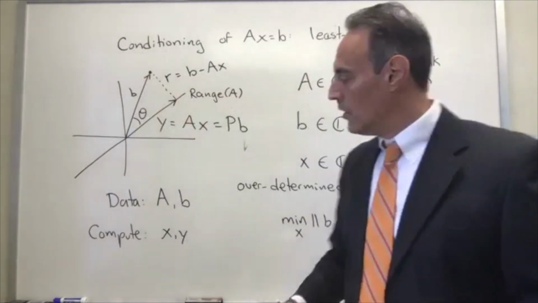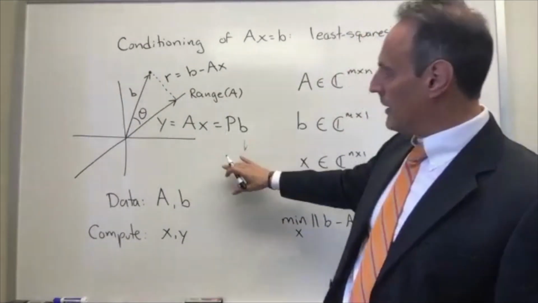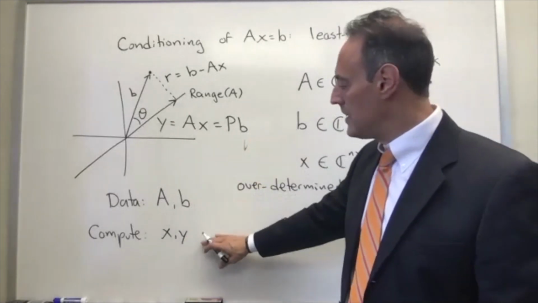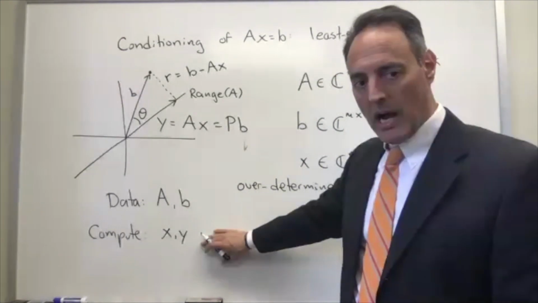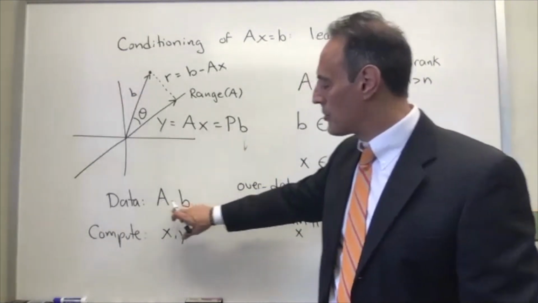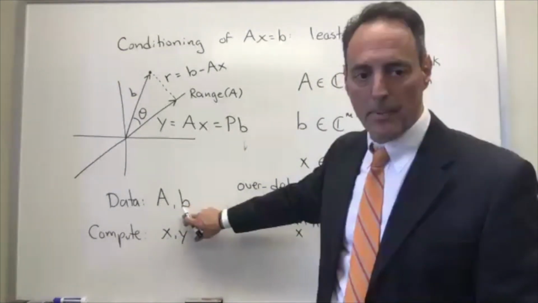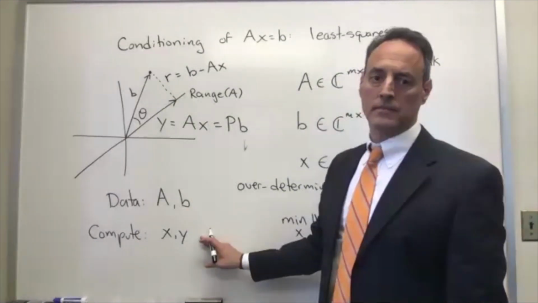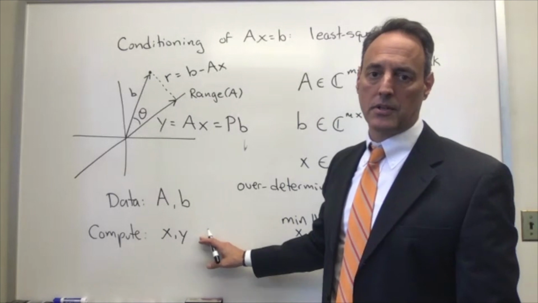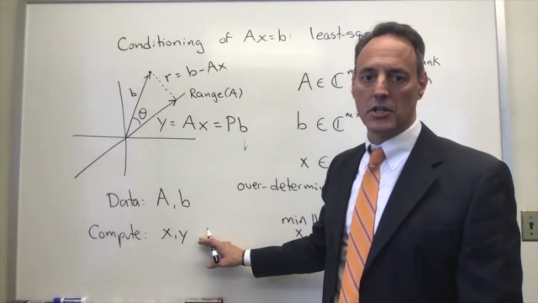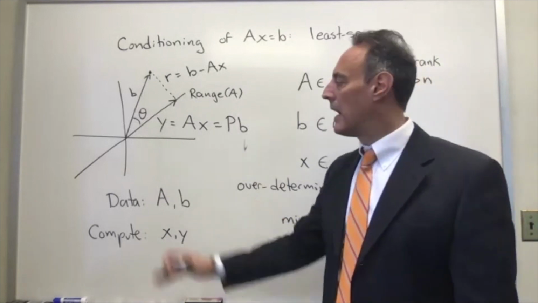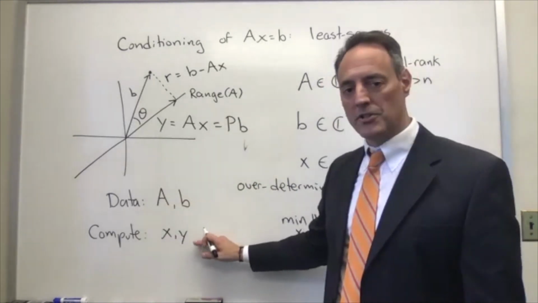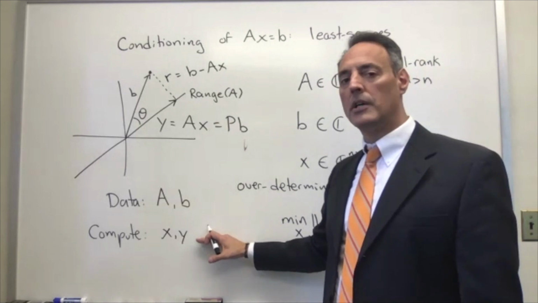Okay? So more broadly, the way to think about this is given this data, and these are the answers I compute, I want to understand if I perturb the A or the B, how much does it change the X and the Y? That's what I'm asking in this. That's the whole idea of conditioning, right? Conditioning is about if I make small changes here and small changes here occur, then it's well conditioned.